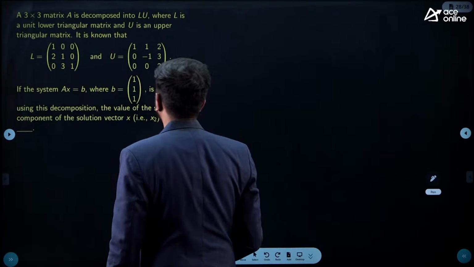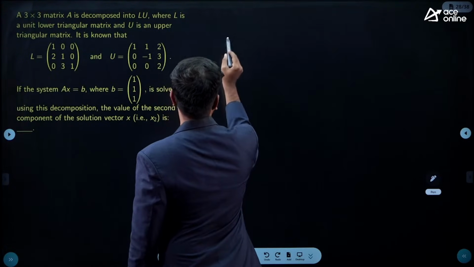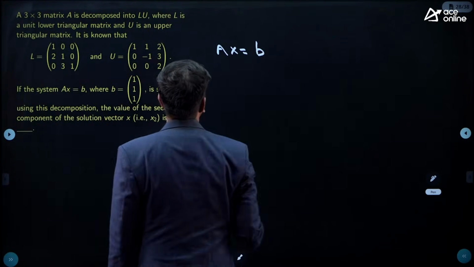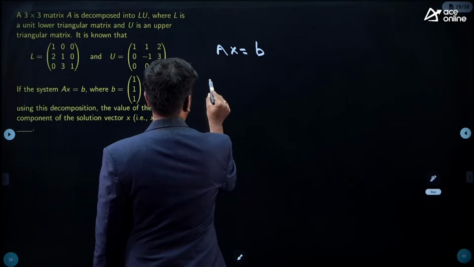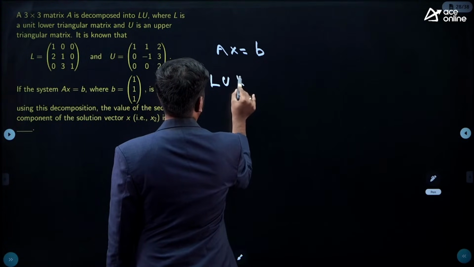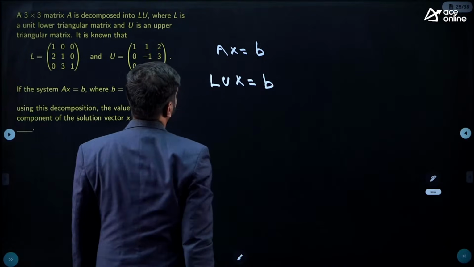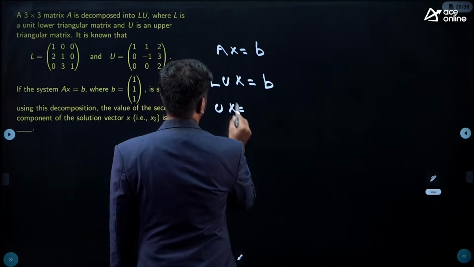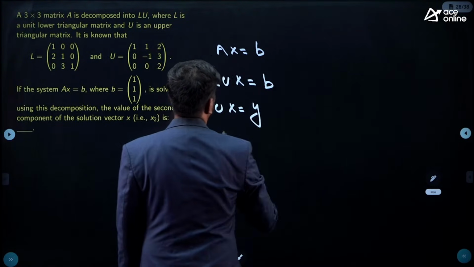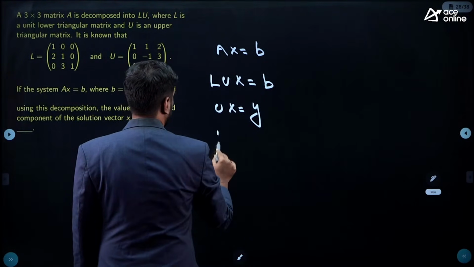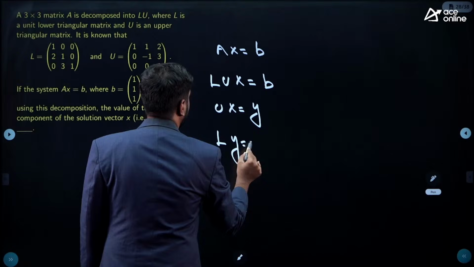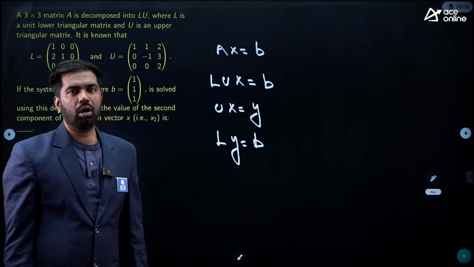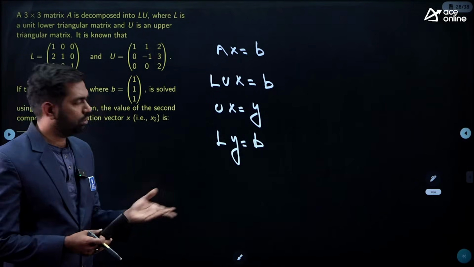So now what we usually do is we first write like this. So we have AX equal to B. Now A is factored as LU, so it is LUx equal to B. And then we assume that Ux is Y. Then in the place of Ux, you can now substitute Y. So this will be like LY equal to B. So those who don't know how to deal with LU decomposition, look at this.